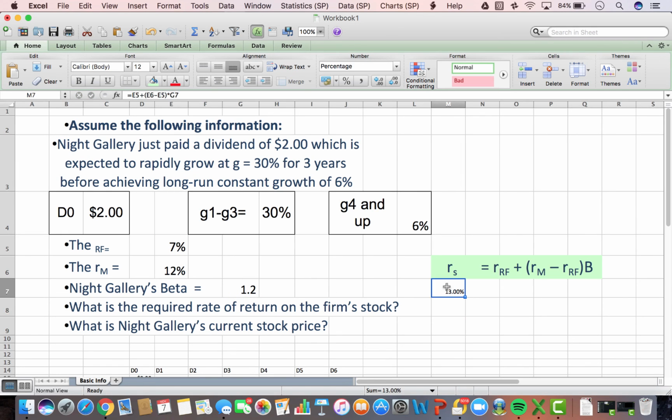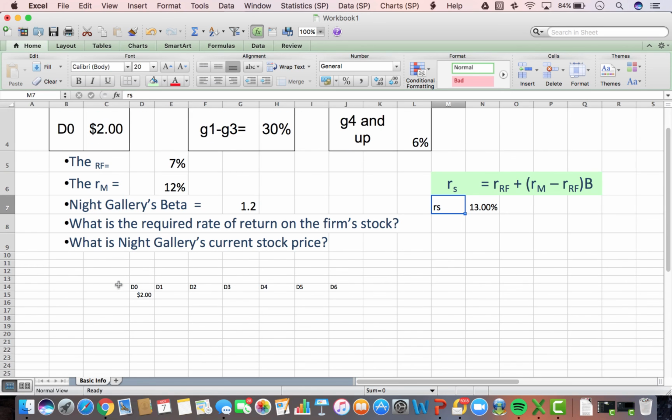So I get 13%, RS. Oops, I'm going to move this over here, even though it doesn't really matter where I put it. RS equals that number.